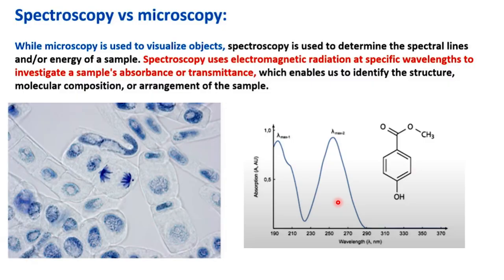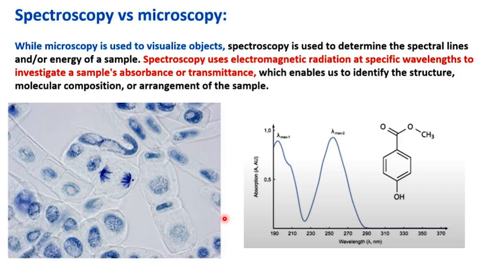But if I want to observe the morphology, or visualize the surface morphology or the dimension of a particle or other physical parameters, I should go for microscopy, because here also, after the interaction with the electromagnetic radiation, we collect the signal and process it to create an image.